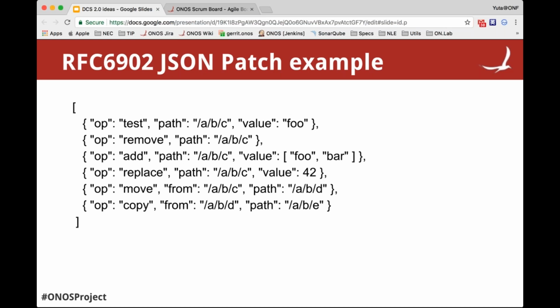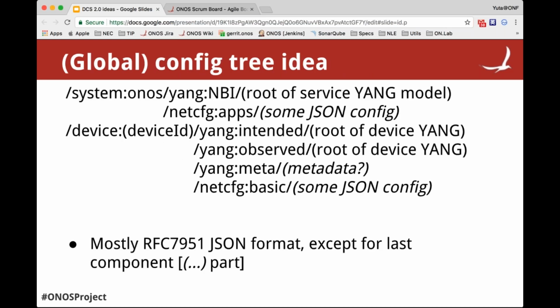I was just wondering, what are your thoughts on operational state? Do you see it being cached in DCS, or is it something that should totally bypass DCS and go straight up to RESTconf? I would assume that this observed will be the equivalent of the result you get from a NETCONF get request.